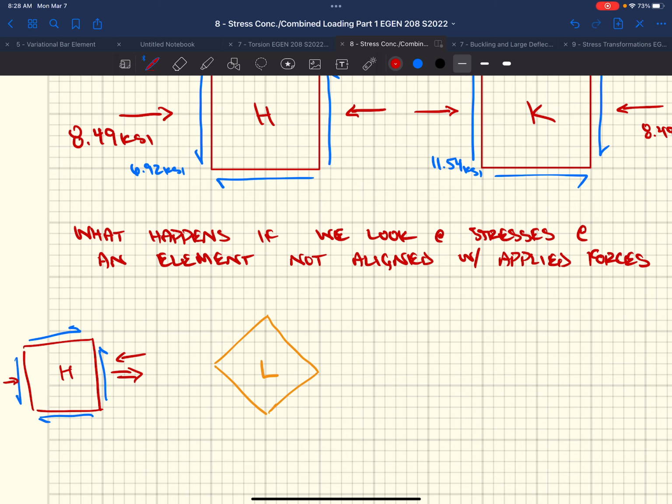So we might end up getting new stresses. Might do something like this. And new forces.